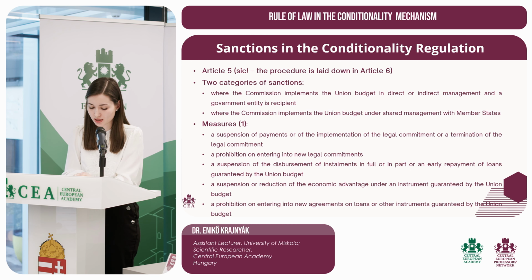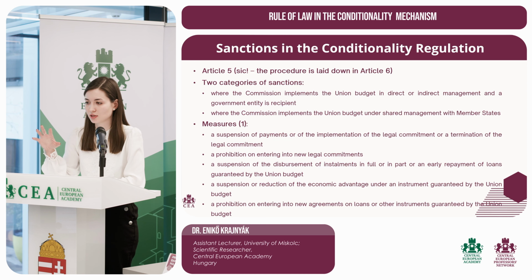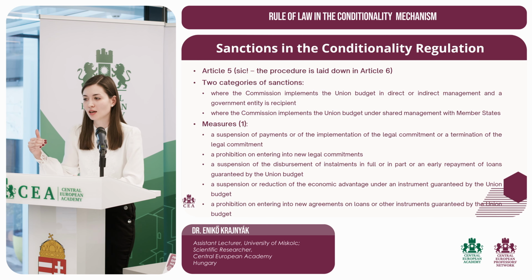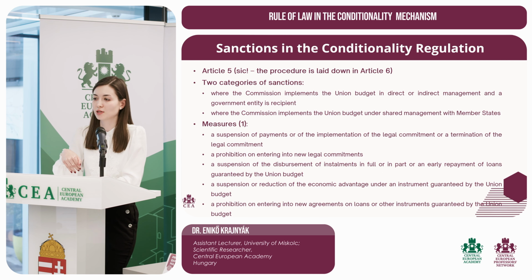As for the third part, the sanctions, they are also defined in the regulation in Article 5, which is interesting from the point of view that when you see the text of the regulation, first the regulation defines the breaches, so it gives some examples of what could be considered as the breaches of the rule of law. And then it defines the sanctions, and after it the procedure, which is, I think, a bit interesting.